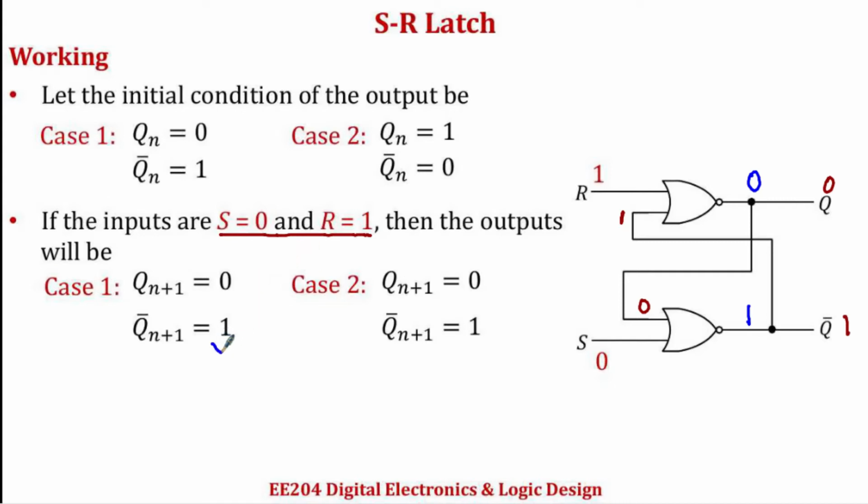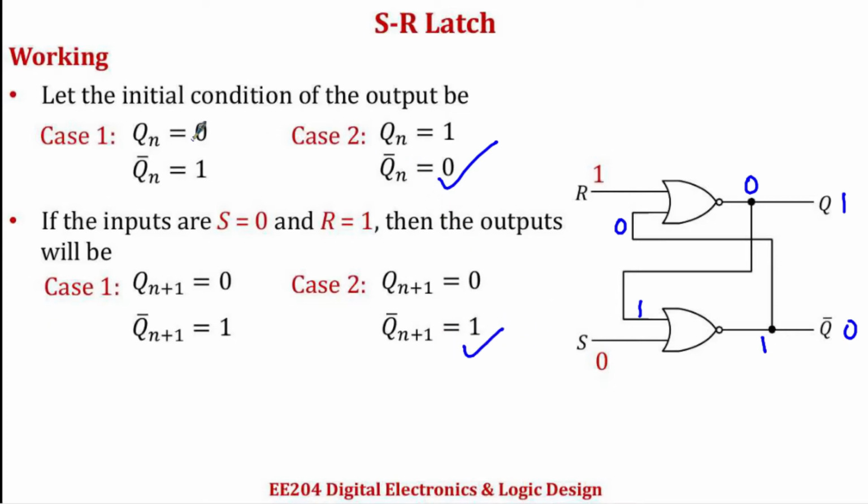So this is what you get as the next state. Now let's see the case where you have the present states like this. So Q is 1 and Q bar is 0, so 0 goes here, 1 goes here. The output of this NOR gate is going to be 0 and that of this gate is going to be 1. So that is written here.